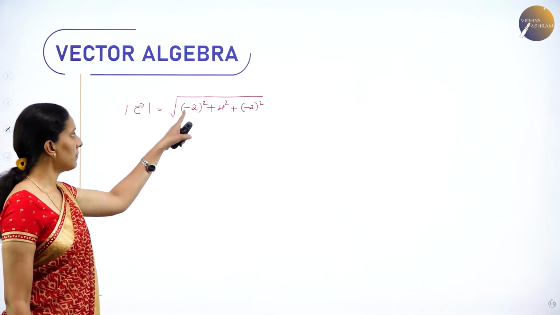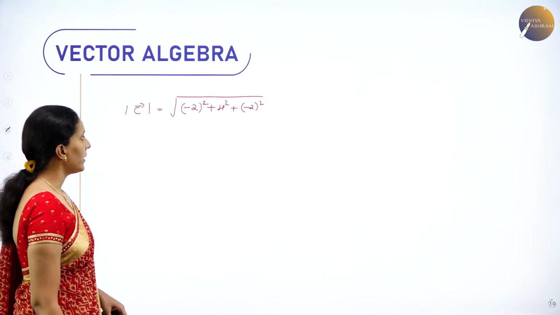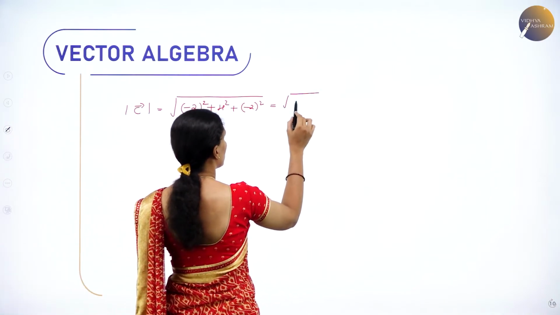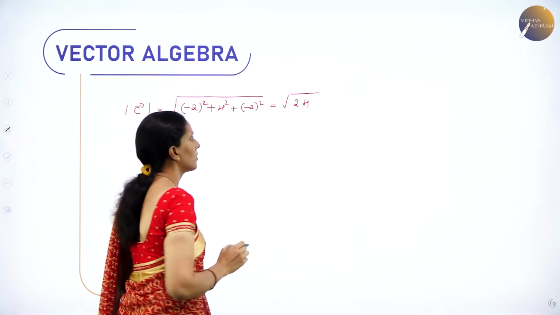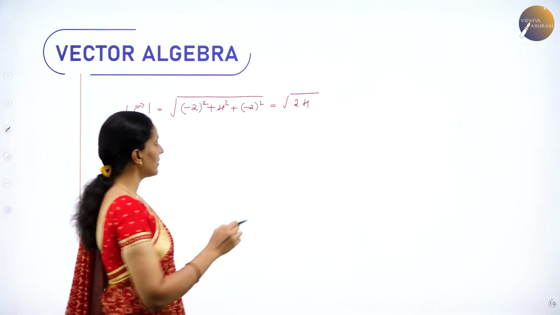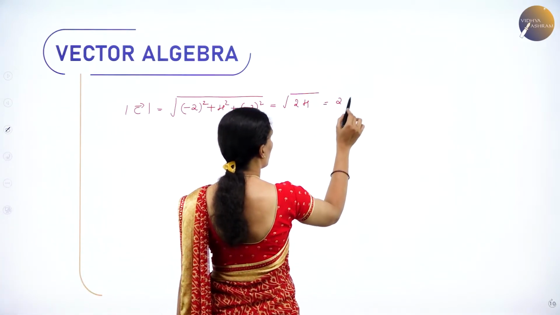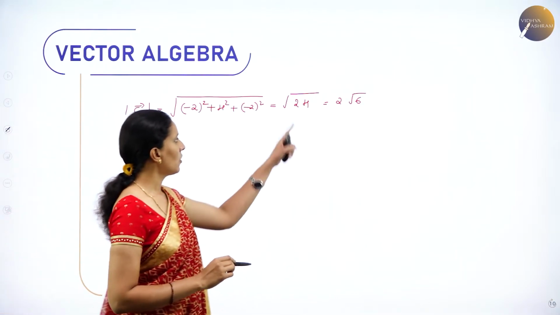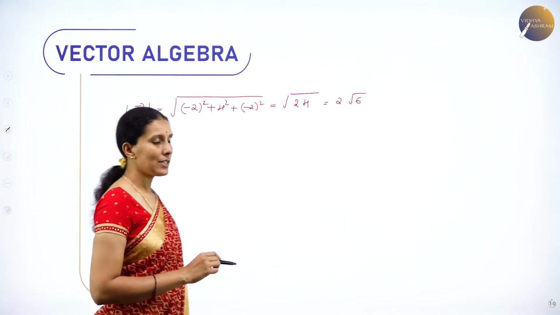So we have 16 plus 4, 20, so 20 plus 4, root 24. Again we can write this as 2 root 6, because 24 can be written as 4 into 6, which can be written as 2 root 6.